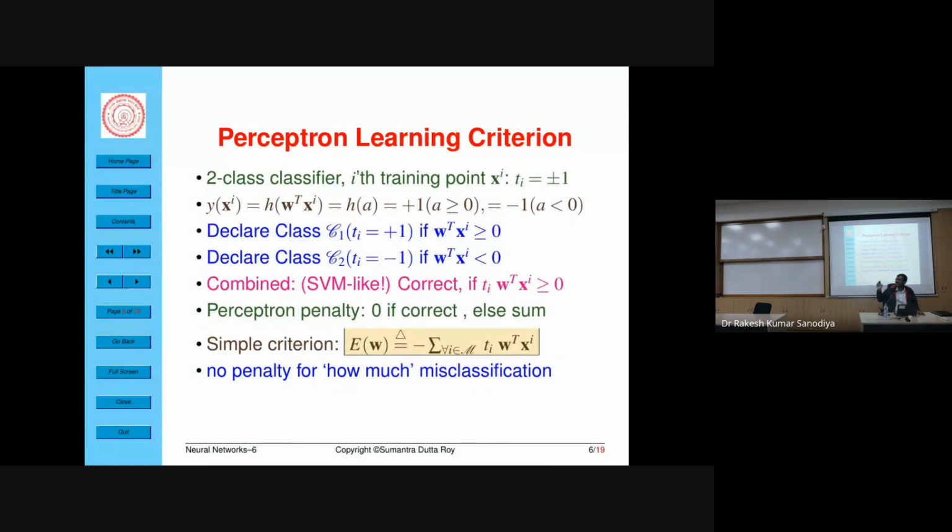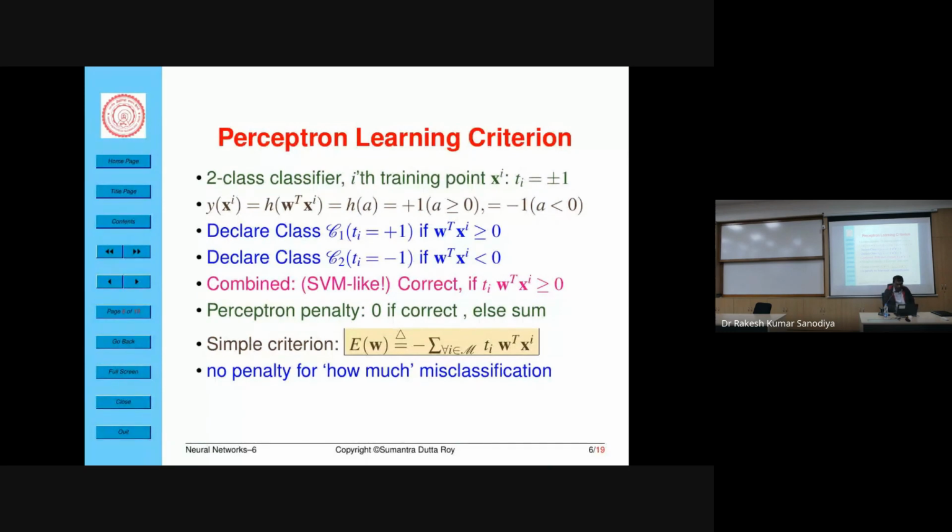So that no man's land is the margin, essentially twice the margin. What is the SVM criterion? If a point is in India, then we don't penalize that point. If the point goes inside no man's land, we still don't penalize it. But if it crosses the LOC, we penalize it slightly. But if it goes out, then we penalize it even more. So that is a bit more natural.